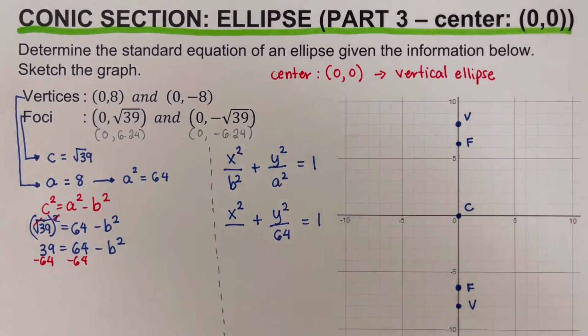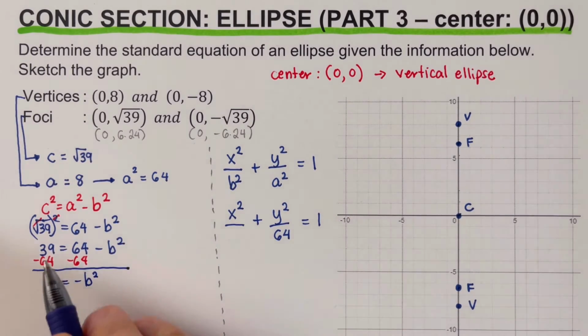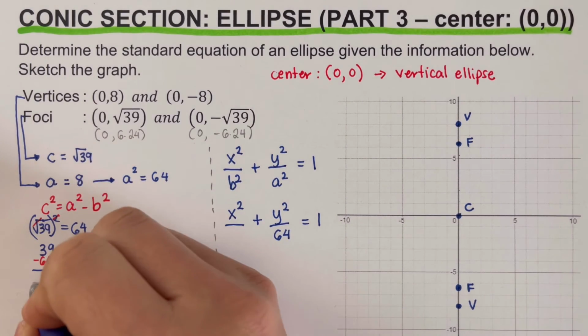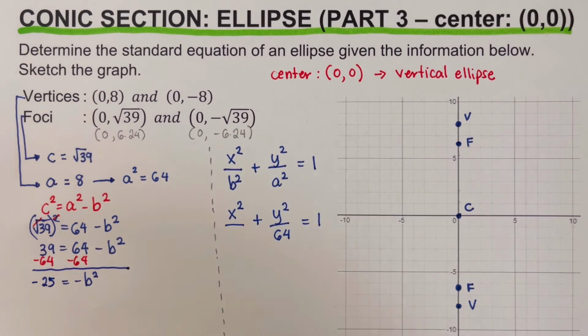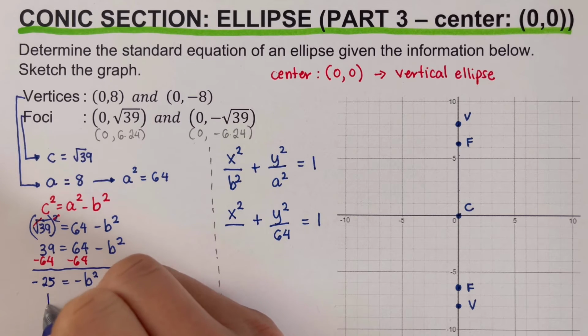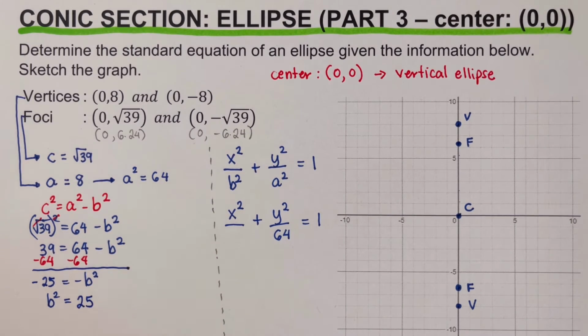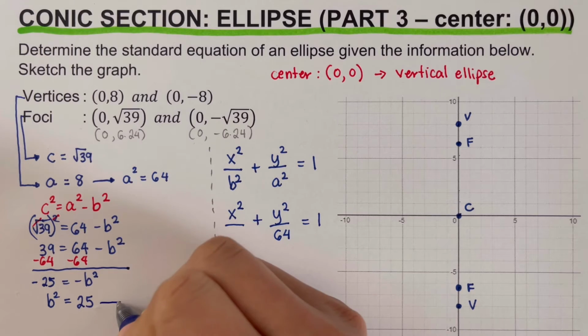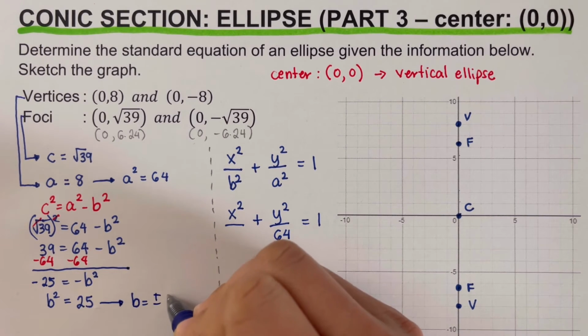We are left with negative b squared equals 39 minus 64, which is negative 25. If we divide both sides by negative 1, we get b squared equals positive 25. So this means that b is equal to plus or minus 5.